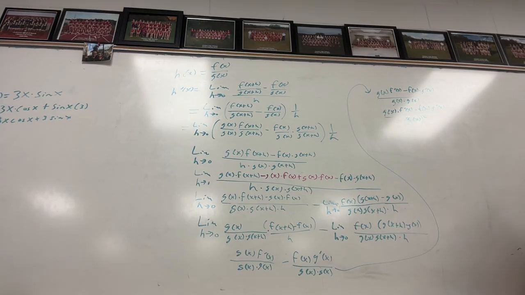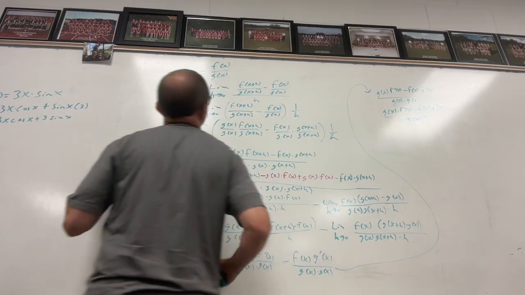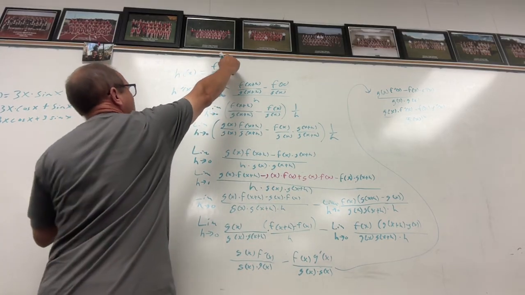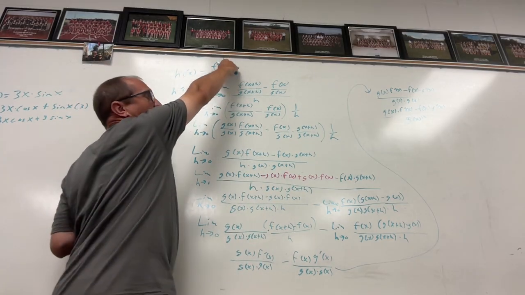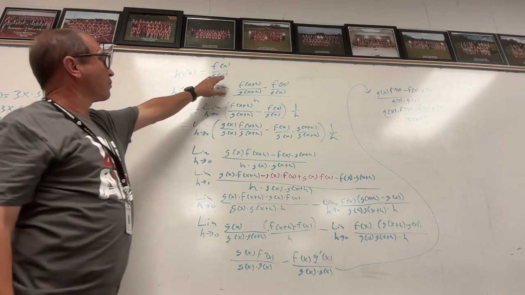Now, there's a different way to memorize this. And I don't like the word memorize, but sometimes you just got to use that word. If I have it set up like this, think about the numerator, which we're going to call high, and the denominator, which we're going to call low.